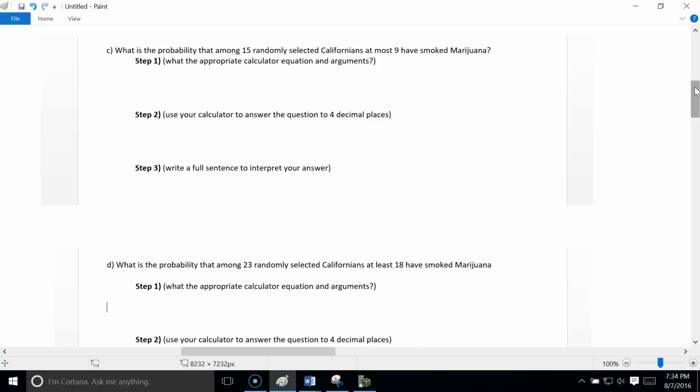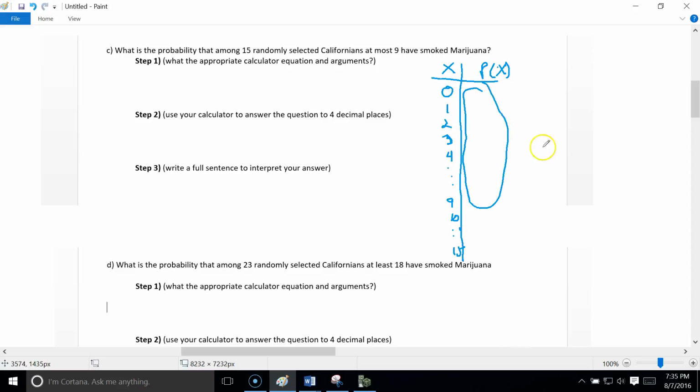So if we had the probability distribution table for the random variable x, it would look something like this. So in this case, we want to get up to and including 9. So we want all of these probabilities here. Everything up to and including 9. These are what we want.